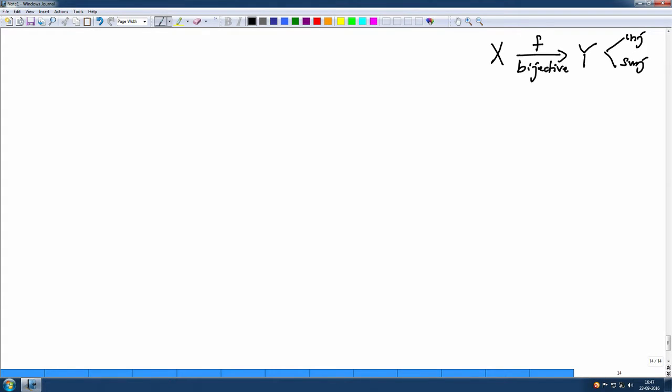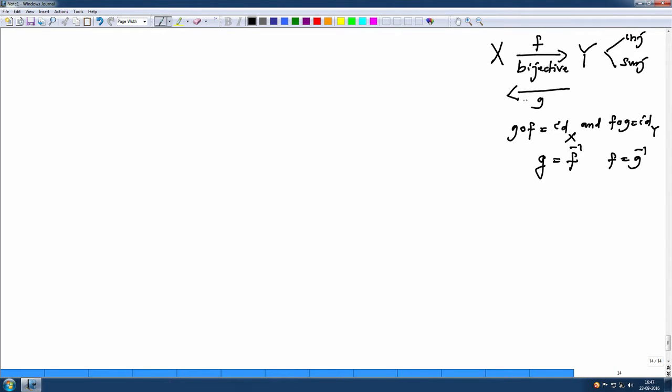But better would be to produce a map in the other direction, let us call it G, and we have to check that G compose F is the identity map on X and F compose G is the identity map on Y. The advantage of doing this is not only do you prove that the map is bijective, but you also produce an inverse. So G will be the inverse of F, or F is the inverse of G.